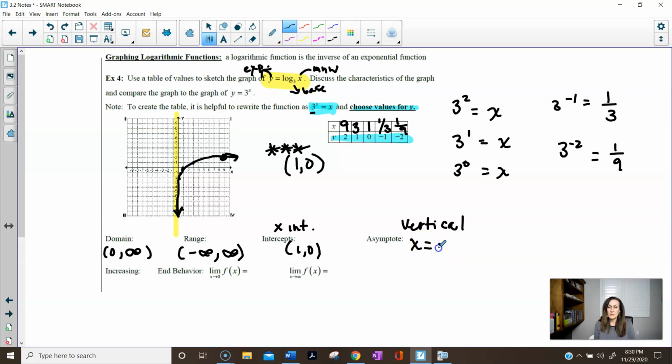So x equals 0. End behavior, the limit as x approaches 0, and you could put a little plus here, meaning you're coming towards 0 from the right-hand side. F of x is going to go down to -infinity. And then the limit as x approaches infinity, which means as you go to the right, this is not approaching a horizontal asymptote. It's actually moving up forever.